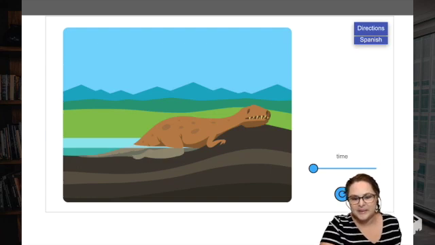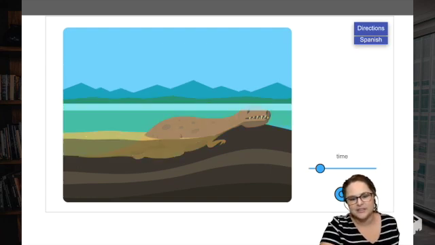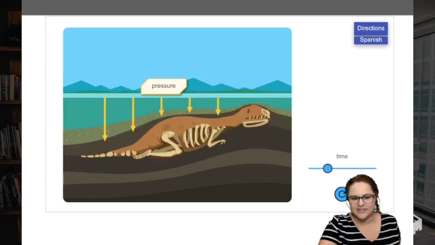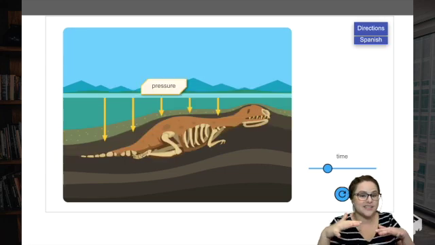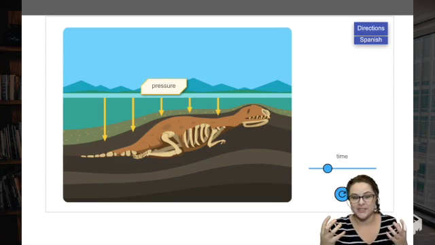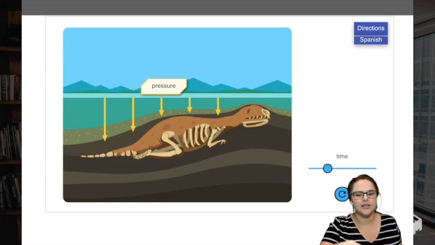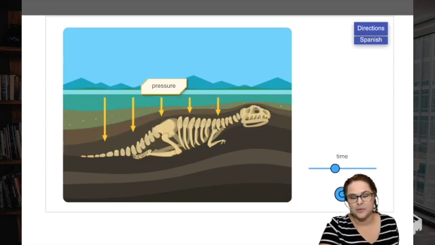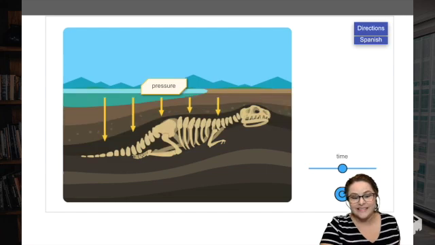So here we go. This is that first layer. You can see it's being covered up a little bit by that sand and that sediment. You can see that the skin is being worn away, or those soft parts of the dinosaur, and we're getting some pressure on here to make some sedimentary rock. More pressure. It's getting covered with even more dirt and making that rock really hard, taking in those bones.